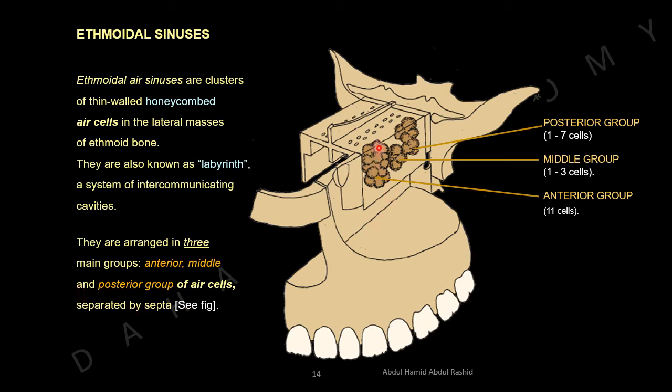This is the anterior group, this is the middle group, and this is the posterior group inside the lateral mass of the ethmoid bone. The anterior group consists of about 11 air cells. The middle group consists of about 1 to 3 air cells, and the posterior group consists of about 1 to 7 air cells.